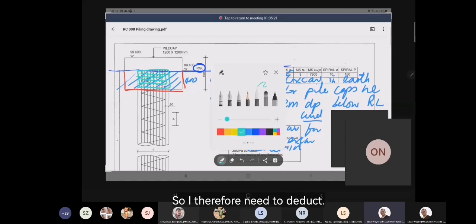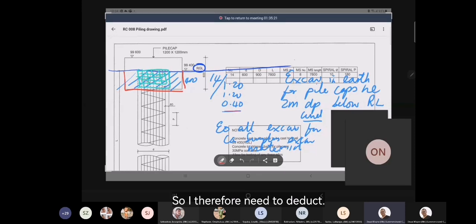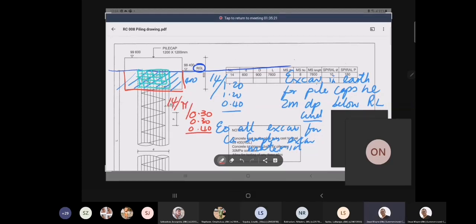So I therefore need to deduct, that would be 0.3, 0.3, 0.4 times 5 times 14. All with me? That red there, that's the red section there.